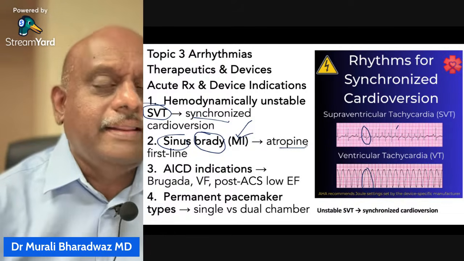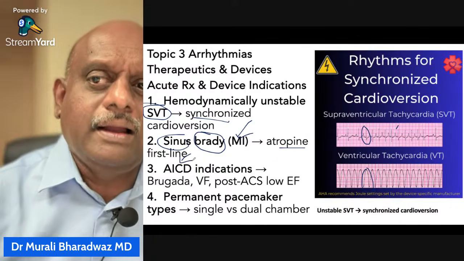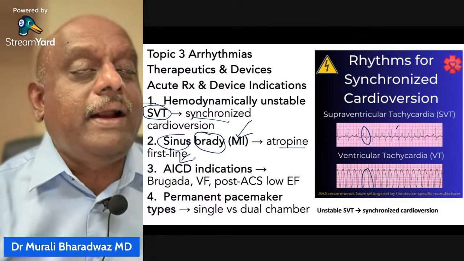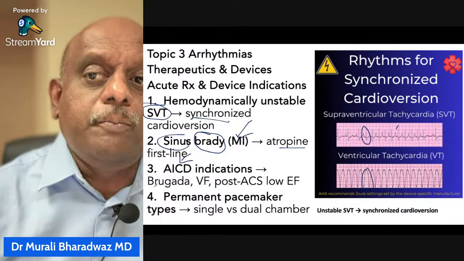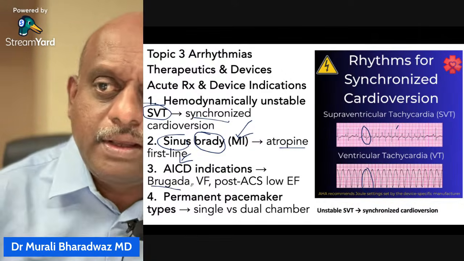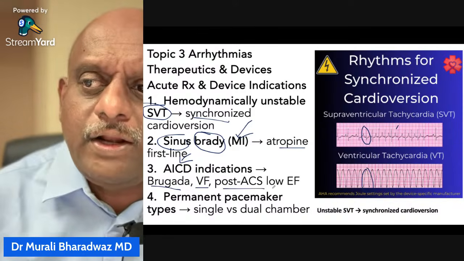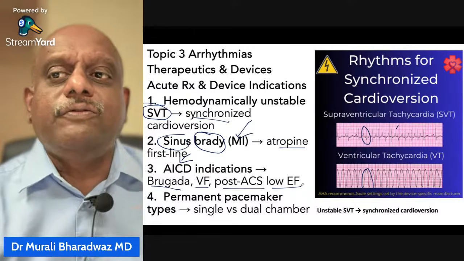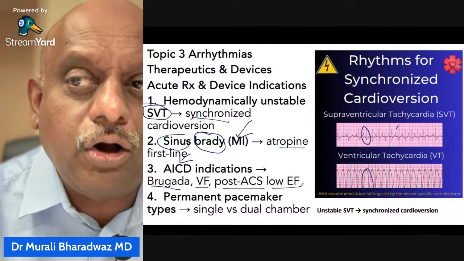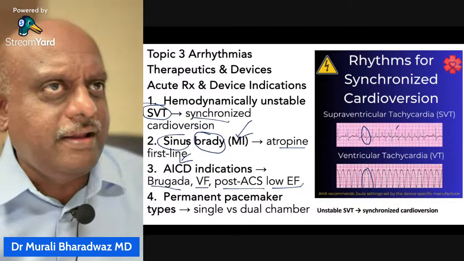Then what are the indications for an automatic intracardiac defibrillator? Brugada's syndrome, ventricular fibrillation, and post-MI with a low ejection fraction. They are all indications for an automatic intracardiac defibrillator. It will sense the heart rate and defibrillate.